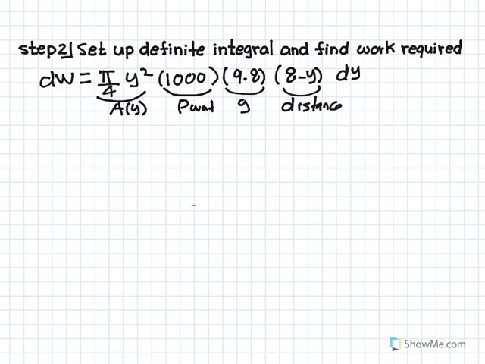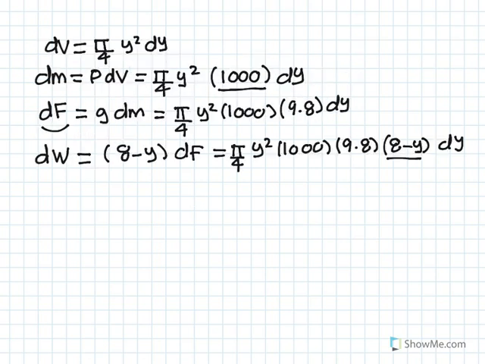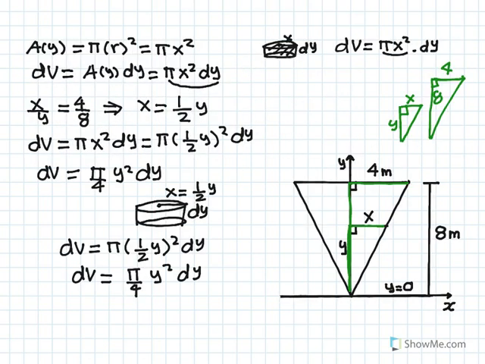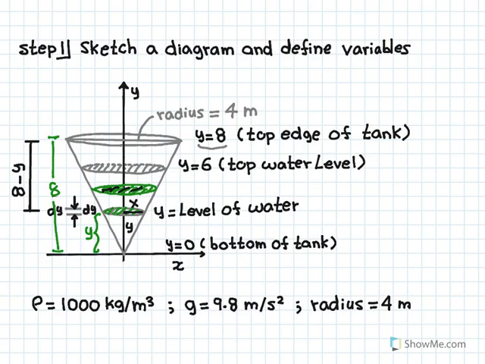All right, so the work is going to be the integral from y equals 0 to y equals 6, not 8. It has to be 6. We're going to talk more about that. The reason, of course, is because the cone is only filled up to y equals 6. That's where the water is, from here to here.